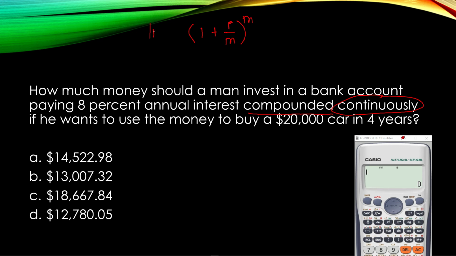Apply our limit as our m approaches infinity. Now, remember in mathematics that this one is equal to e raised to the power of r. e raised to the power of r lang pala ito. So, kumbaga, within 1 year, kukunin lang natin yung e raised to the power of r natin.